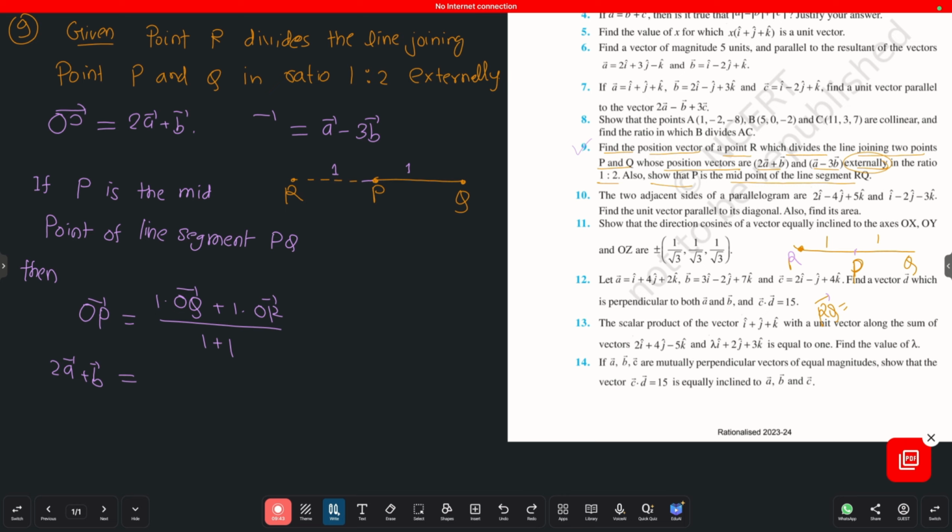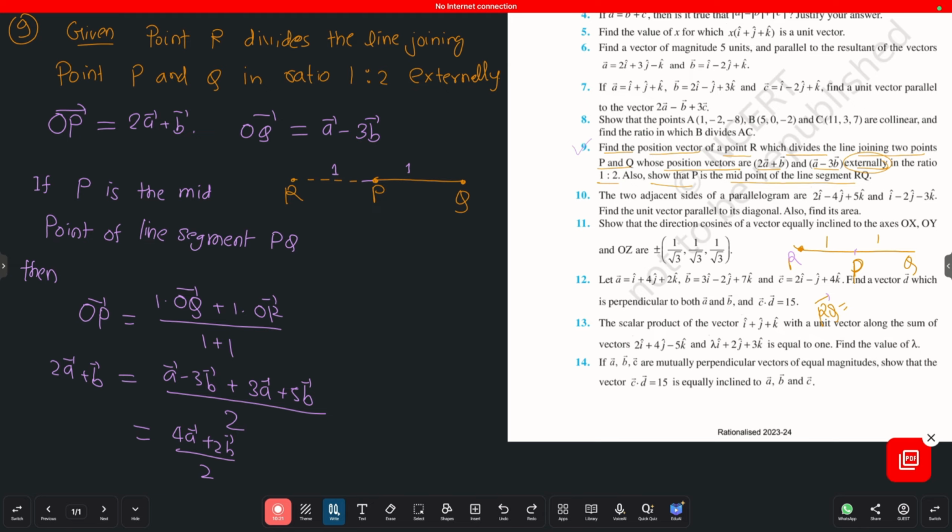So 1 into OQ vector, we put OQ vector, A minus 3B vector, plus OR vector, which we have already found. What was OR vector? 3A vector plus 5B vector, divided by 1 plus 1, 2. Simplify: A vector plus 3A vector, 4A vector, and 2B vector, upon 2.